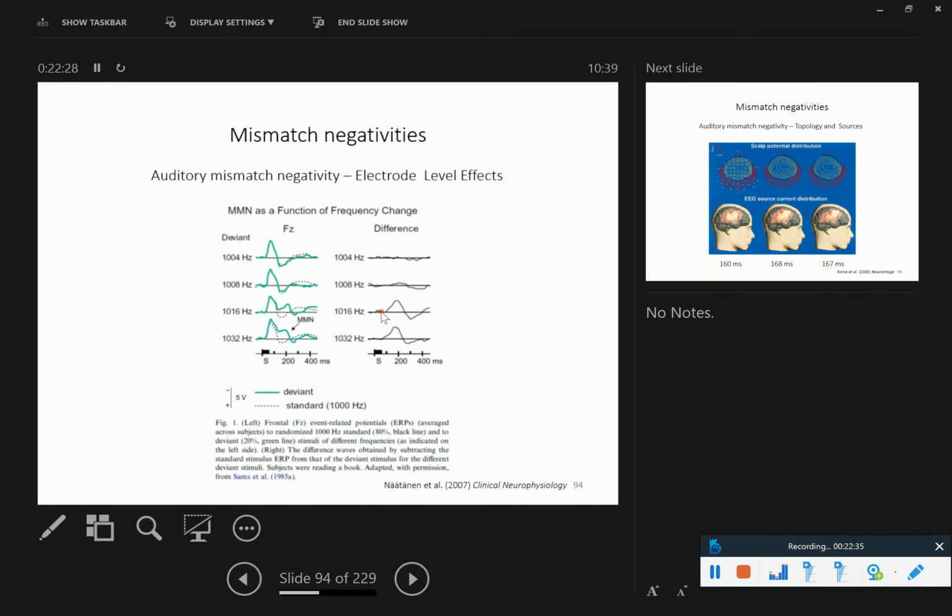This is just the difference curve between the standard and the deviant, but smaller. And then you still need to believe that this is a mismatch negativity, although it's not as strong as you would have gotten if you used a less well-controlled experiment.